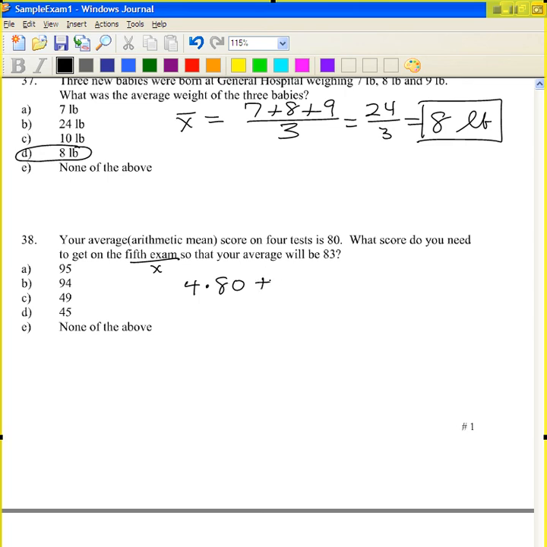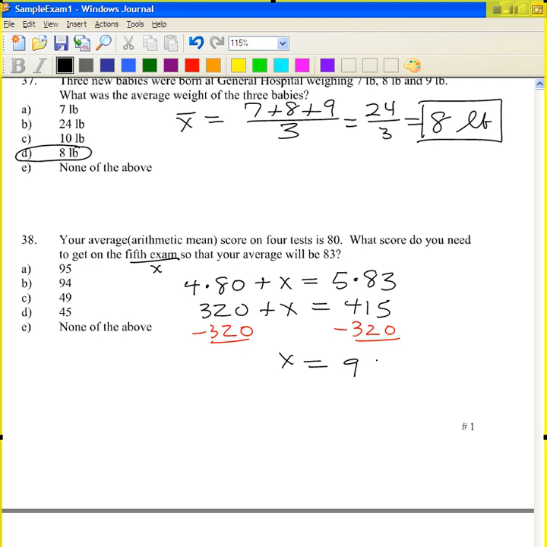What do you have to get on the 5th exam so that the average of those 5 exams is 83? 4 times 80 is 320. 5 times 83 is 415. Let me subtract 320 from both sides of my equation. And so I get that x is equal to 95.